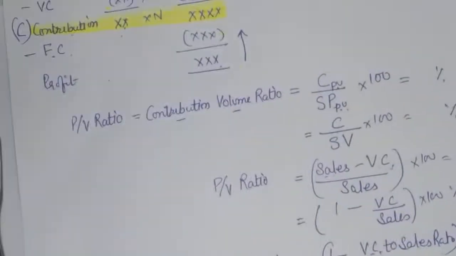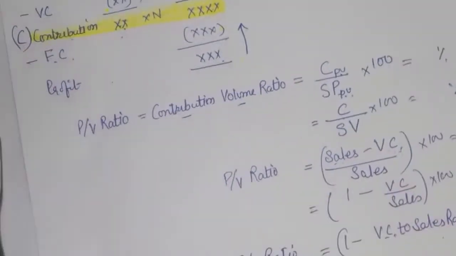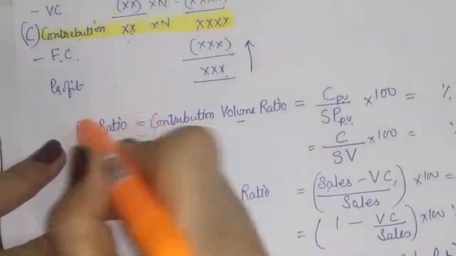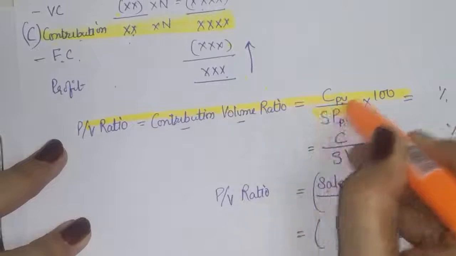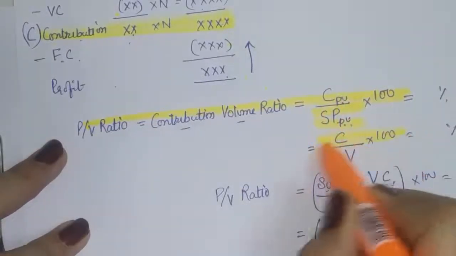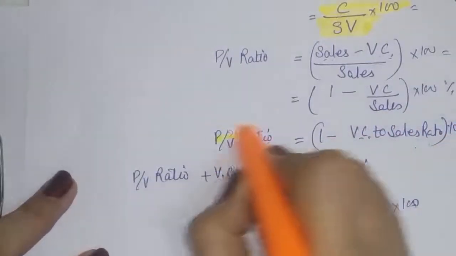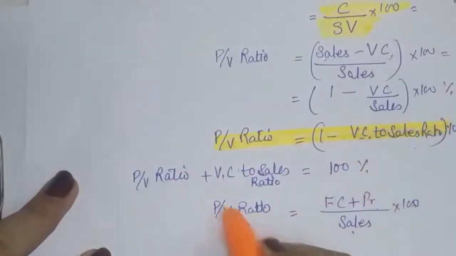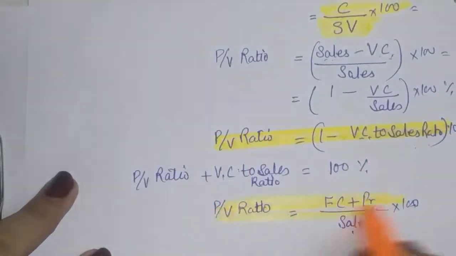So we find that we have various ways to calculate the ratio. It is either contribution per unit upon sales per unit, or contribution upon total sales value, or it is complementary to variable cost ratio, or it can be determined from fixed cost and profit also. So it is fixed cost plus profit.